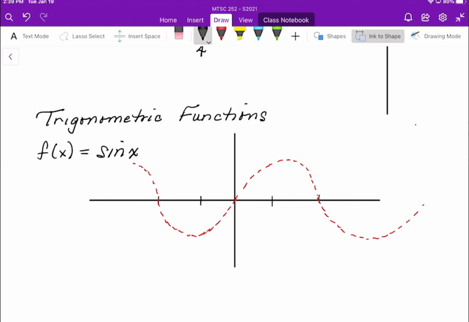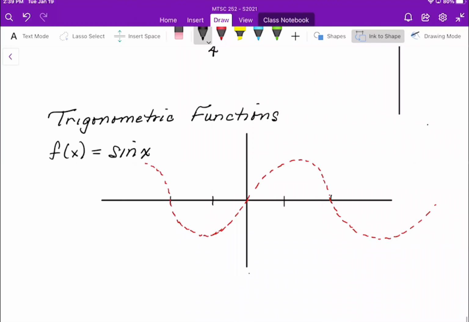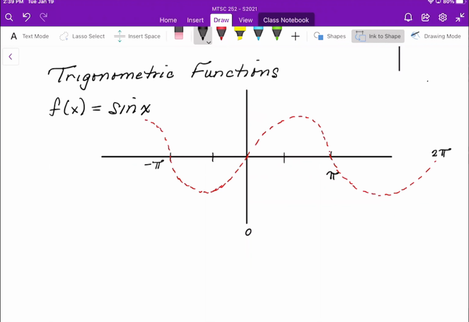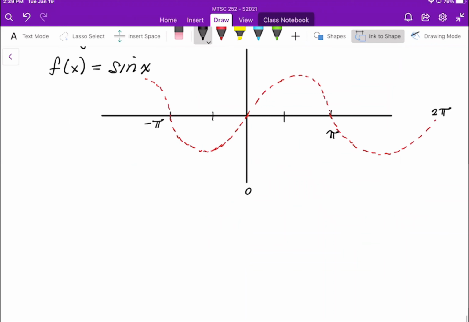Okay, and so this here's 0. This is pi. And of course, it hits at 2 pi over here. This is minus pi. So clearly, the sine function does not have an inverse because this thing fails the horizontal line test.